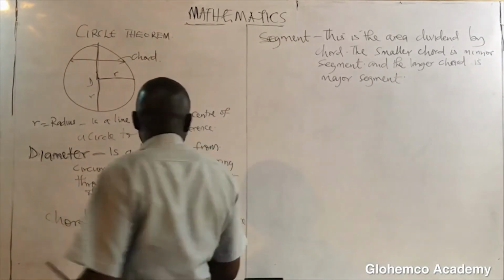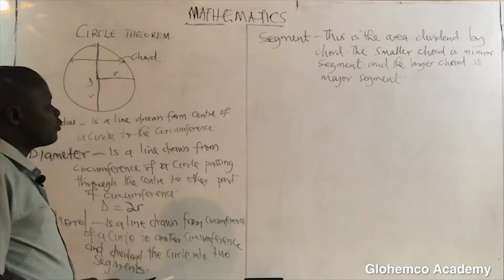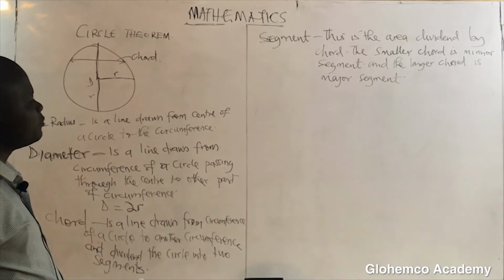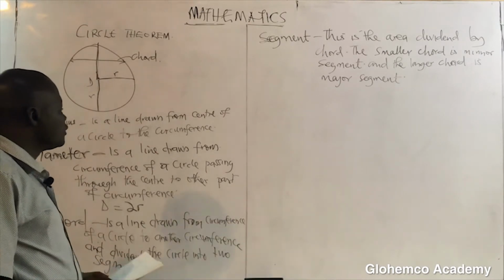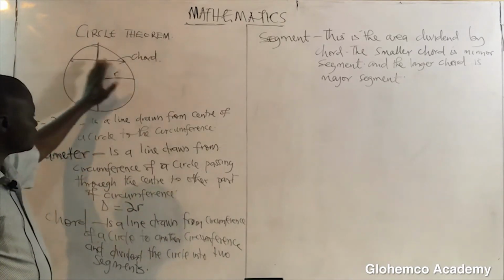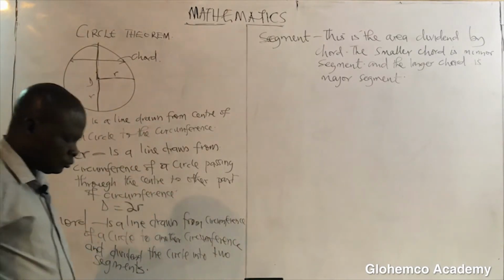The smaller chord is minor segment, and the larger chord is major segment. So these are the kind of information that we need to note under the circle theorem.